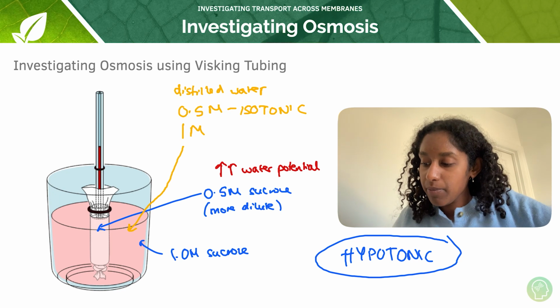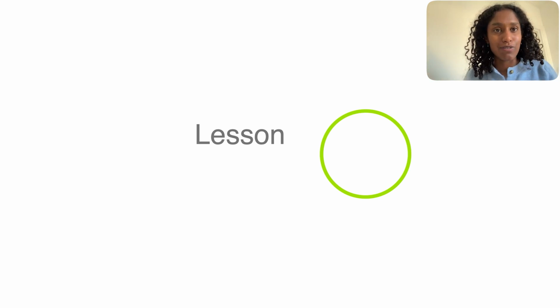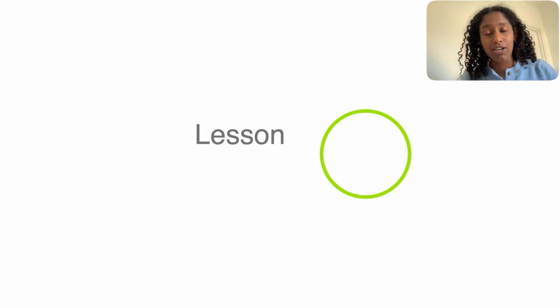Okay, so I hope that has explained how we investigate diffusion and osmosis well, and please do go back and watch that, because it is a little bit confusing, but it's really important to get your head around which way those molecules are moving. Remember, with diffusion and osmosis, it's always from a higher concentration or a higher water potential to a lower concentration or lower water potential, down that concentration or potential gradient.